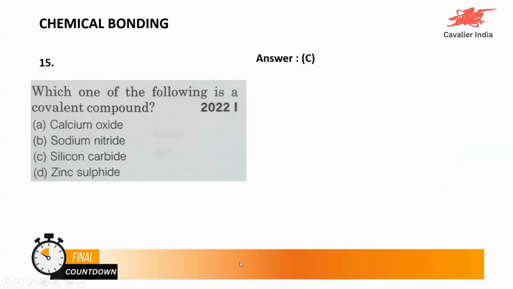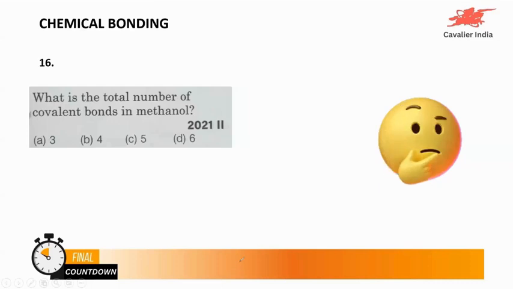What is the total number of covalent bonds in methanol? How will you find the number of covalent bonds in methanol? What is the formula for methanol? Alcohol is OH, right? Meth means one carbon atom. So the formula is CH3OH.